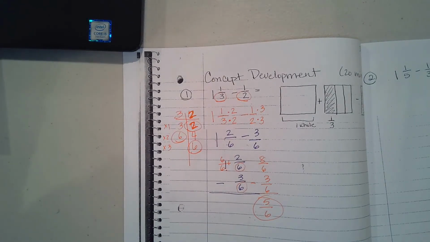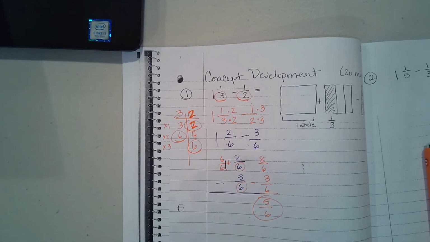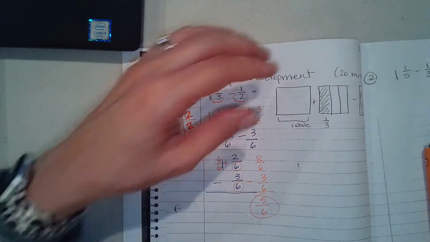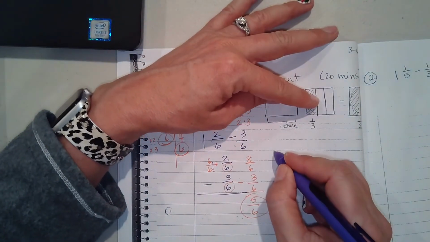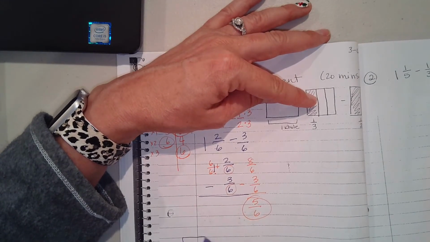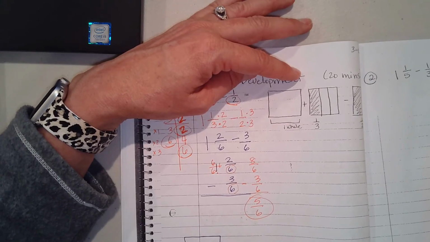We have 2 different methods, and I'm going to show you a couple different ways. Okay, so I'm going to show you using that rectangular fraction model what exactly I just did right here. So I'm going to go down here where I have more room. So we had 1 whole, right? Here is 1 whole.